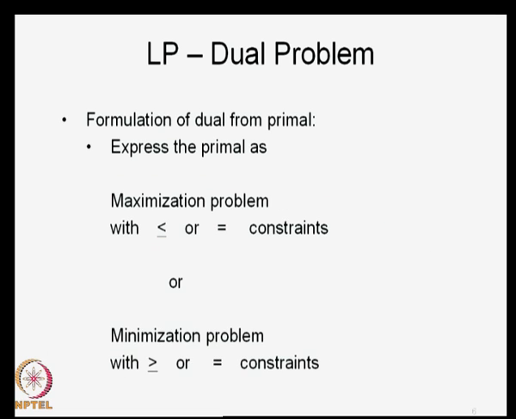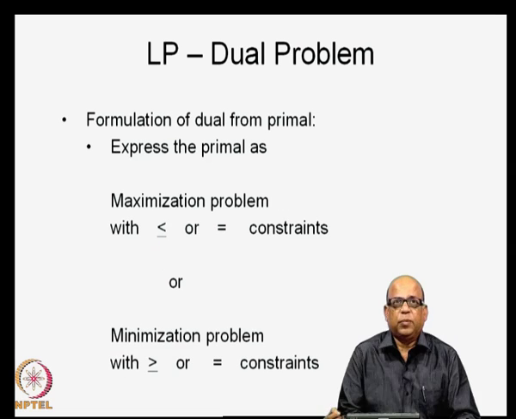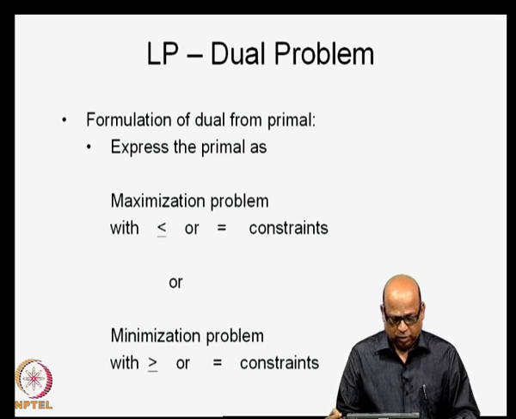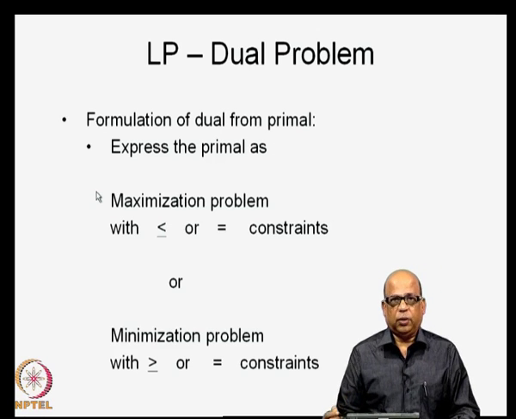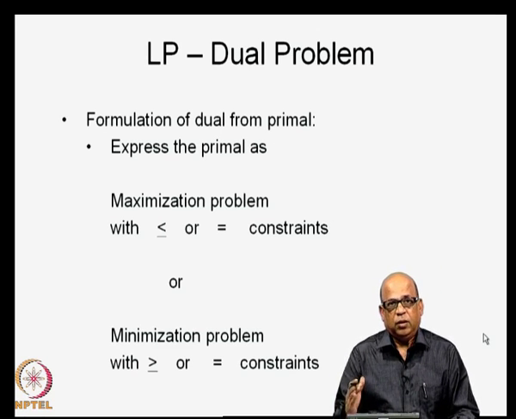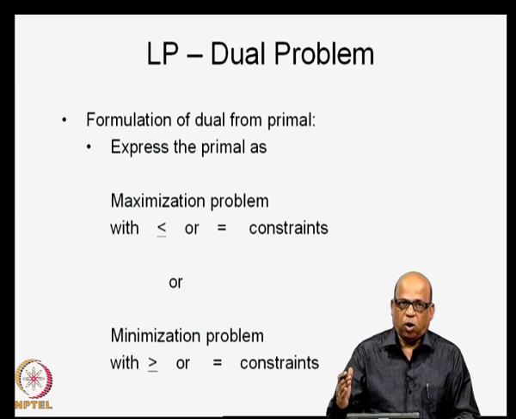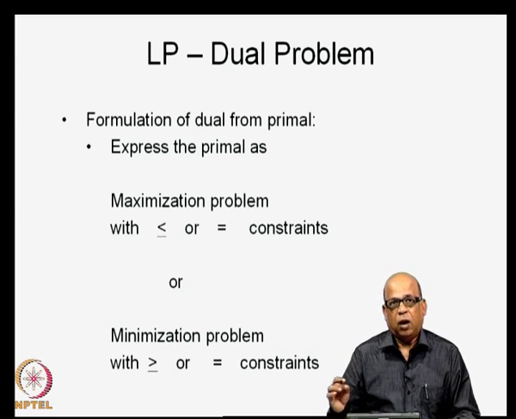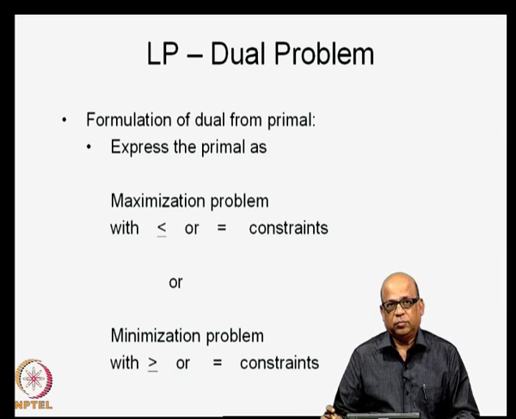Let us look at how we formulate a dual problem as a general procedure. Any given LP problem, you express it as either a maximization problem with all less than or equal to constraints, or a minimization problem with all greater than or equal to constraints.